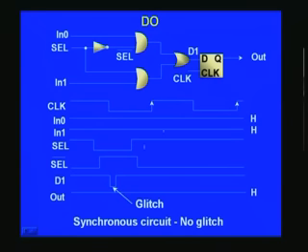For instance, in this particular case it will be registered only here, and we make sure that all these unwanted signals such as this glitch occur prior to this positive rising edge. Then you will be safe and not register the glitch, but only the steady state output here, and prior to this you would have registered this here, provided that is the logic that you have. This is possible only if you have a synchronous circuit.